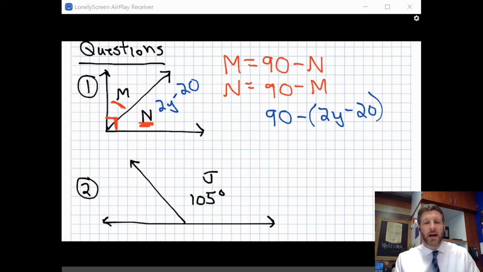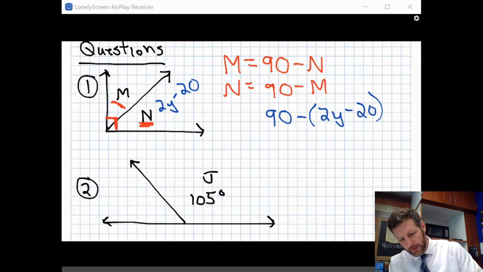Whenever you subtract in algebra, one of the big tips that hopefully your algebra teacher emphasized is you want to put it in parentheses, because when I subtract this, I'm subtracting 2y, but then we're subtracting a negative 20. So this actually becomes a positive 20.